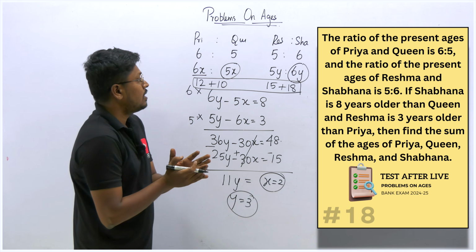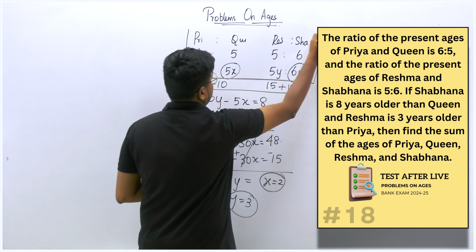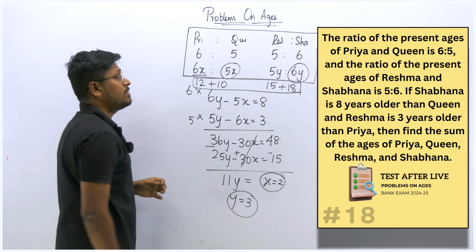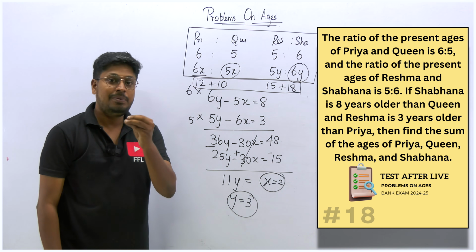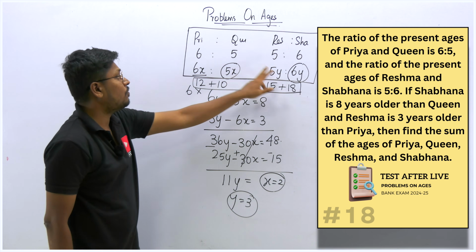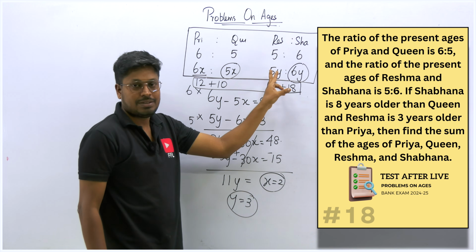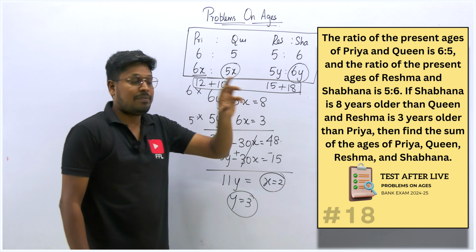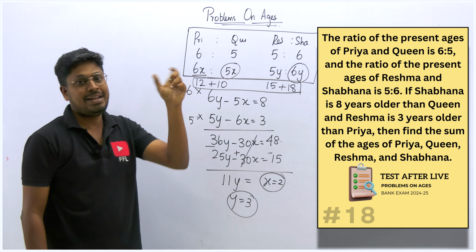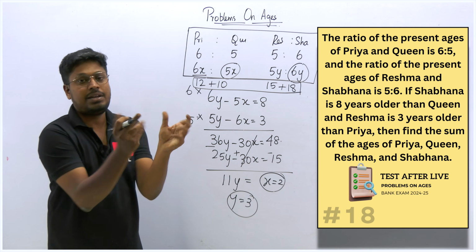So friends, understood? Always remember, do not make a mistake on this point, because many students have a confusion about why you kept one ratio as x and another as y. There are 4 persons in the question and they are considered as 2 and 2. So the first 2 should be considered in one way, and the next 2 in a different way, because the ratio values of the two pairs are not the same.